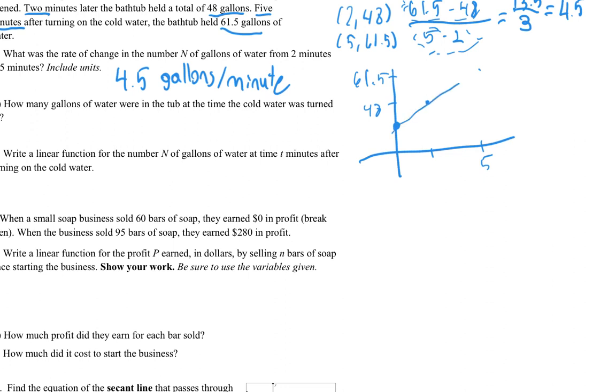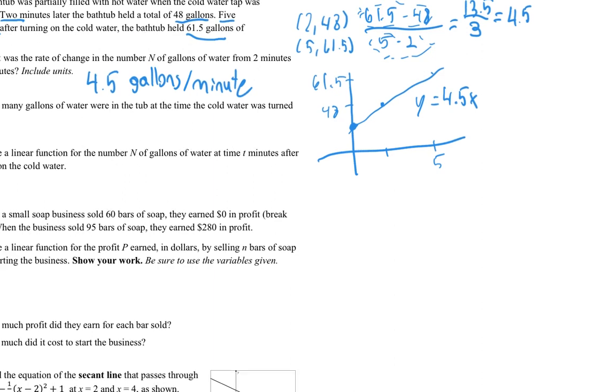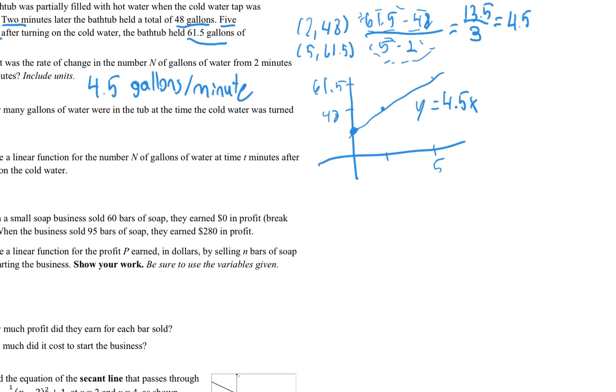The question is, where do we start? Because this is going to look like a line, it's in the linear function section after all, I'm going to set this up as y equals our slope, which we just got, 4.5, x plus b. I'll say x, though we're going to have to switch out the variables in a little bit because the next part will want it in terms of n and t. Here b is the y-intercept, our starting amount. So we're looking for b.